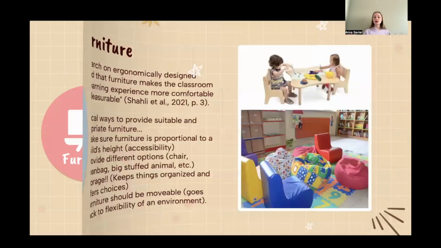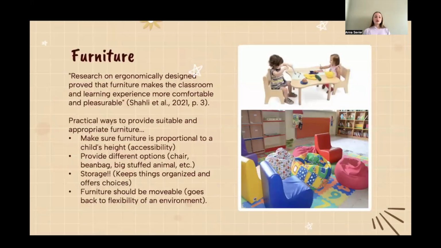So first is furniture. In Shawley's article, it is written that research on ergonomic design proves that furniture makes the classroom and learning experience more comfortable and pleasurable. So a comfortable environment will reflect in the learning and the experience of said child.